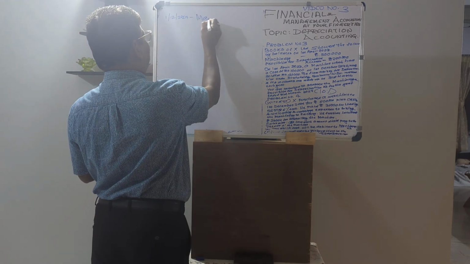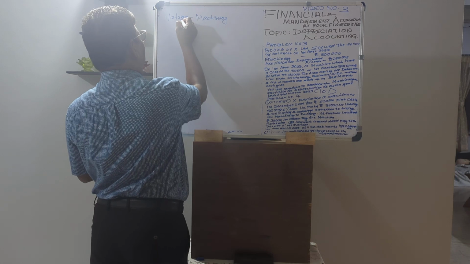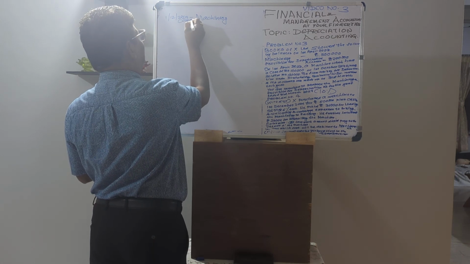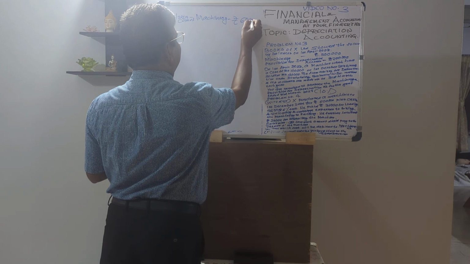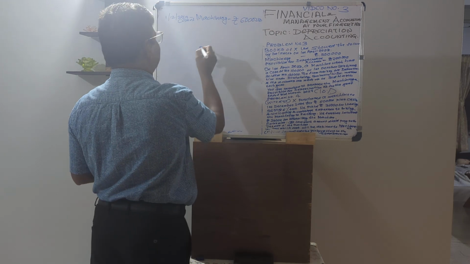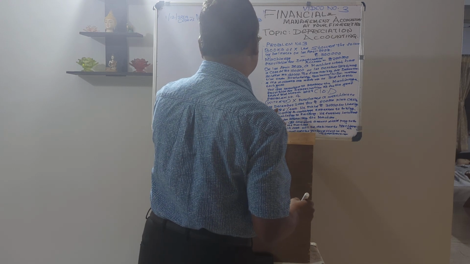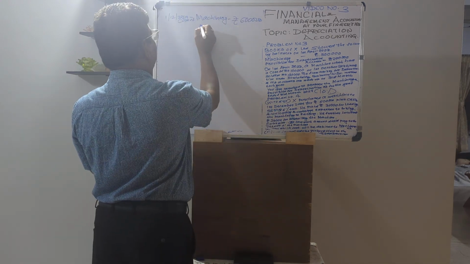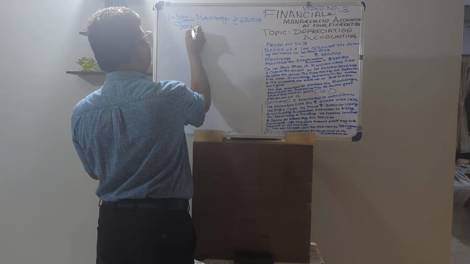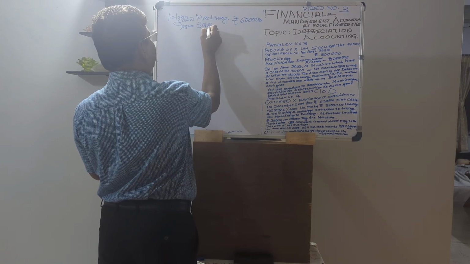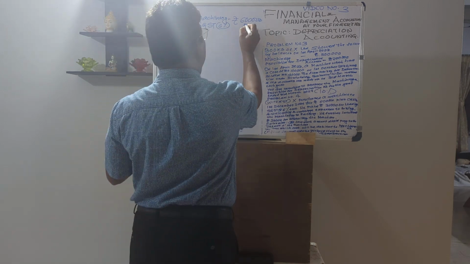So the cost of machinery is 6 lakhs. Then GST is paid at 6%, CGST and SGST 6% each. So input SGST at 6% means 36,000.